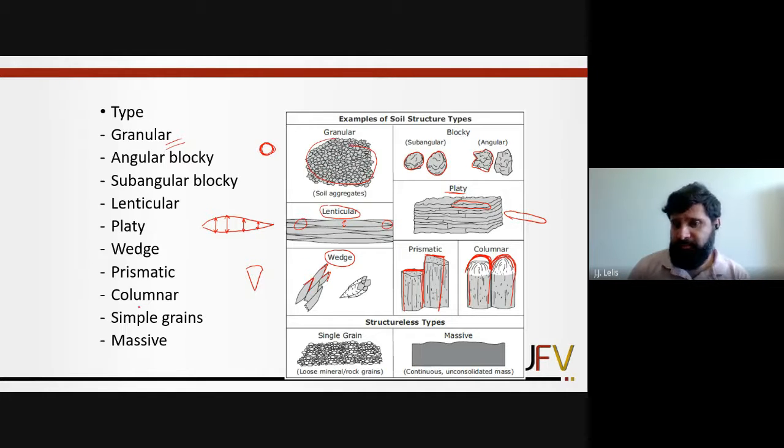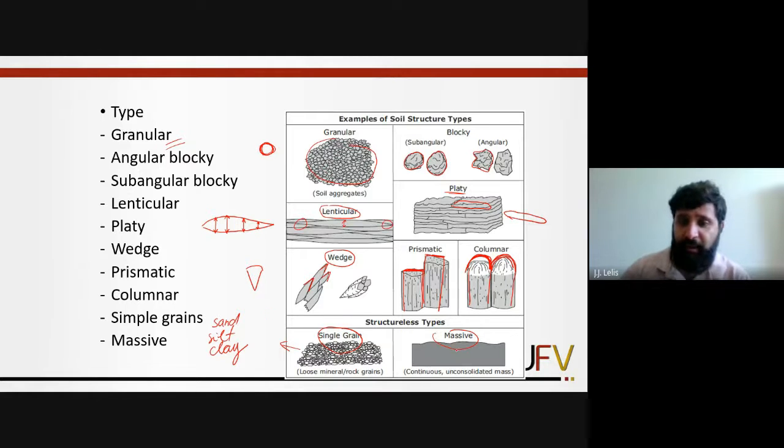And we have some structures that actually represent an absence of structure, like single grain and massive, because we don't have peds, we don't have aggregates, we don't have the organization of primary particles. Here we just have sand, silt, and clay, but they are not together. They are just by themselves. They are not forming aggregates.